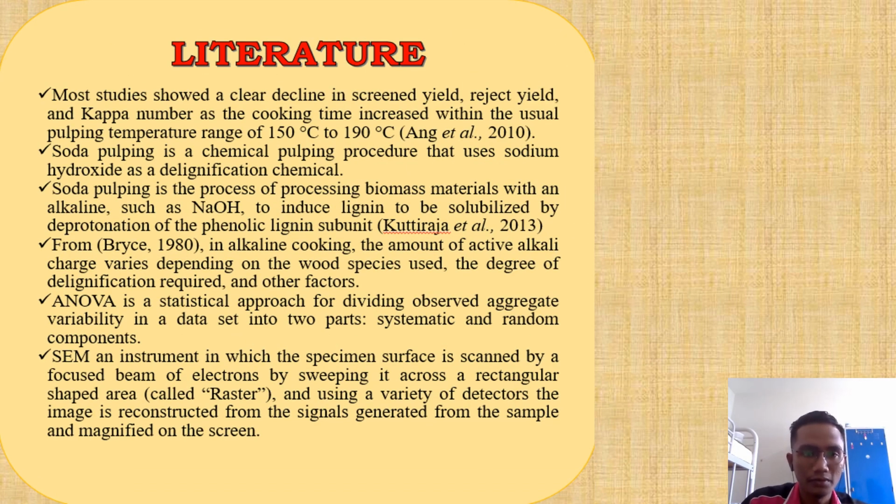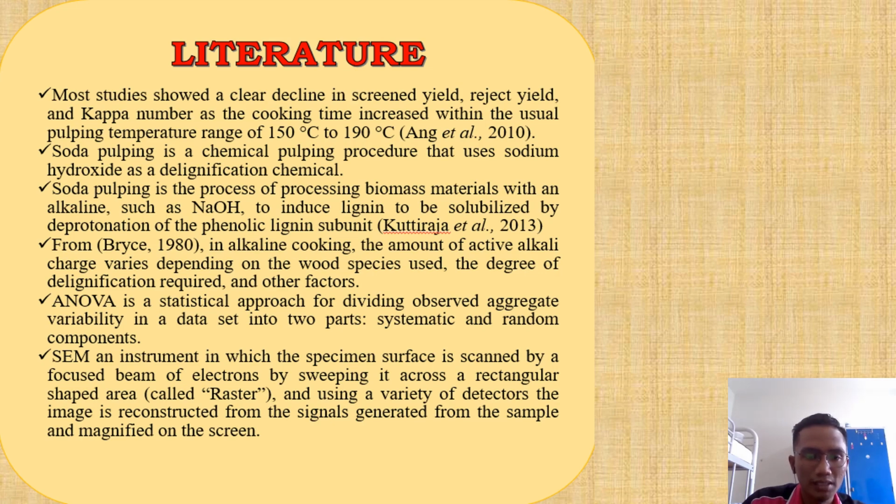Next, we move to the literature of the research. According to Ang 2010, most studies showed a clear decline in screen yield, reject yield, and kappa number as the cooking time increased within the usual pulping temperature range of 150 Celsius to 190 Celsius.